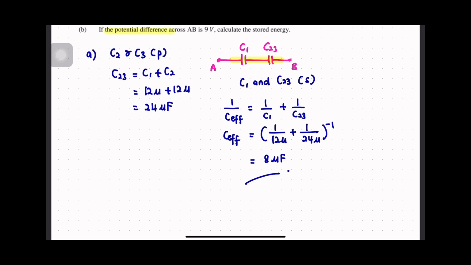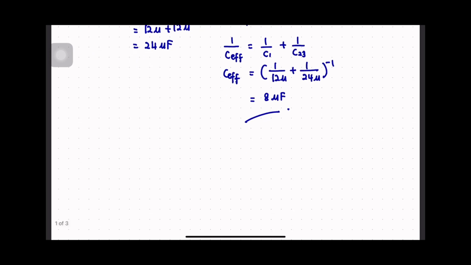Okay, next question B. If the potential difference across AB is 9 volt, calculate the stored energy. So that means energy stored. Okay, kita ada V is equal to 9 volt and kita ada C effective is equal to 8 microfarad.